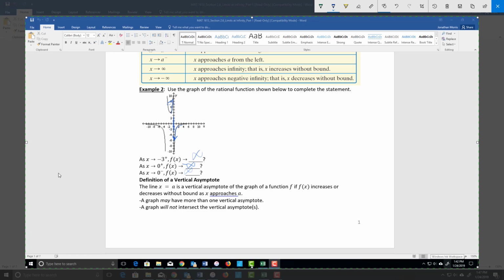When something is growing without bound, it's infinitely growing. Graphs sometimes have more than one vertical asymptote, but it's also important to note that the graph of that function will never intersect that vertical asymptote, and that's easy to see.